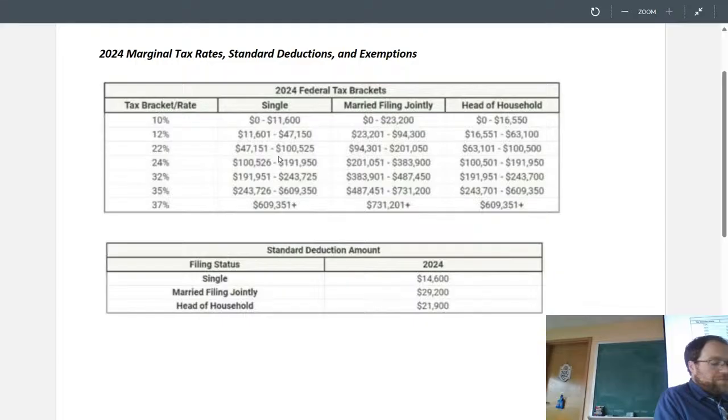Plus $10,074. I have a different number, I think. Oh, wait, that's because I didn't. Oh, yeah. Wait, no, I didn't. I'm sorry.